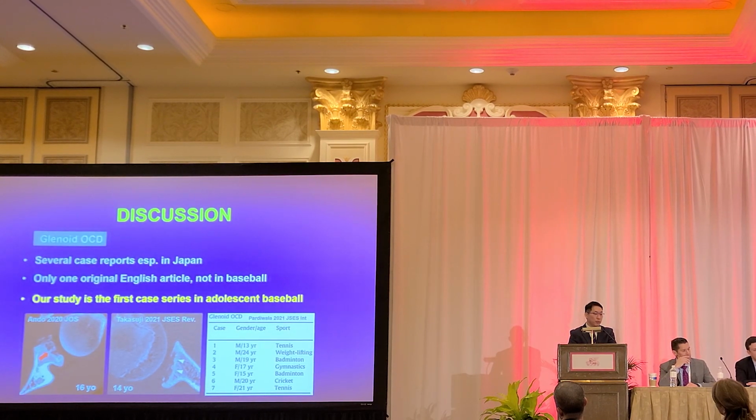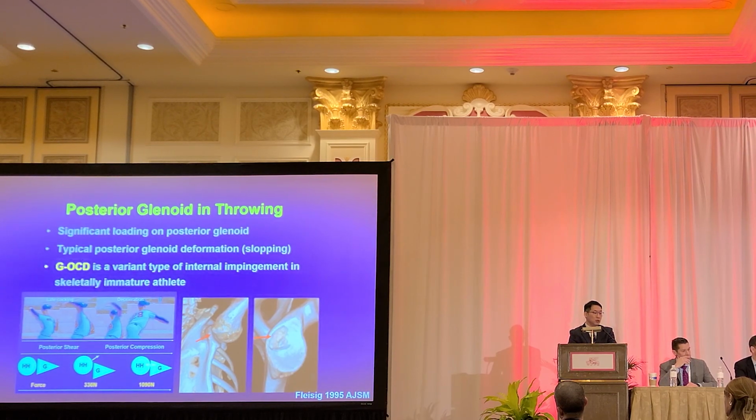There are several case reports, especially from Japan, but only one English study was reported, and not about baseball players. Our study is the first case series of the glenoid OCD in adolescent baseball players. The significant loading exerted on the posterior glenoid in late cocking and repeated osseous impingement makes the posterior glenoid sloping.